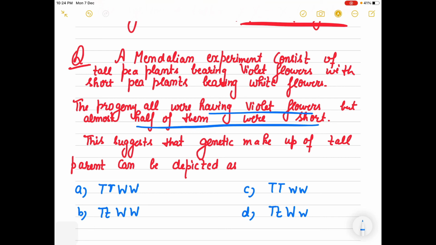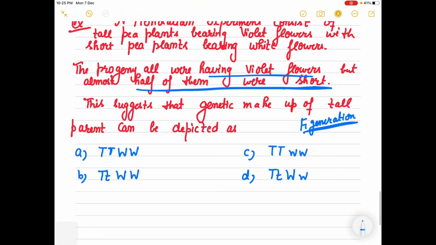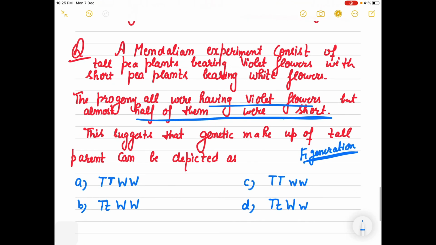I'm giving you a hint: you know that the F1 generation usually shows the dominant one. But what should be the genotype such that even in the F2 generation we are getting short plants? So go through this lecture very carefully and please answer this question in the comment section.